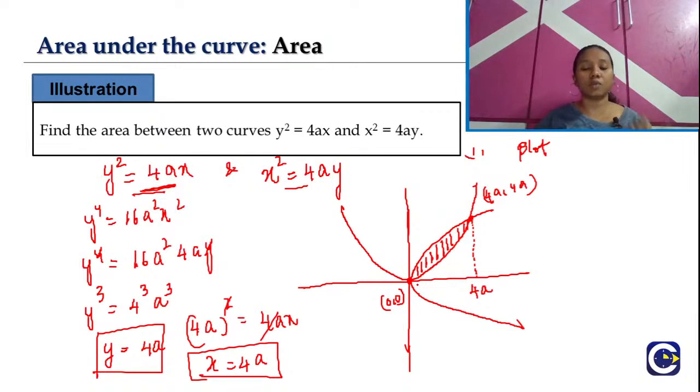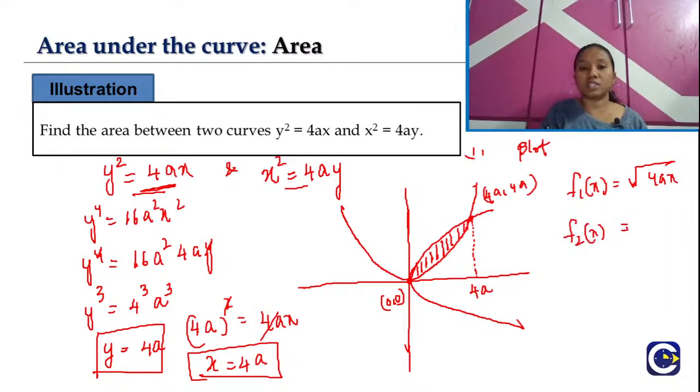First thing, plotting the graph, we have done that. Second thing, finding the intersection points, we have done that. And the third thing here, we have to identify the upper curve. So this is the upper curve in this required area, which is y square equal to 4ax, and it is our f1(x). So our function f1(x) is root over 4ax. Similarly, what about our f2(x)?